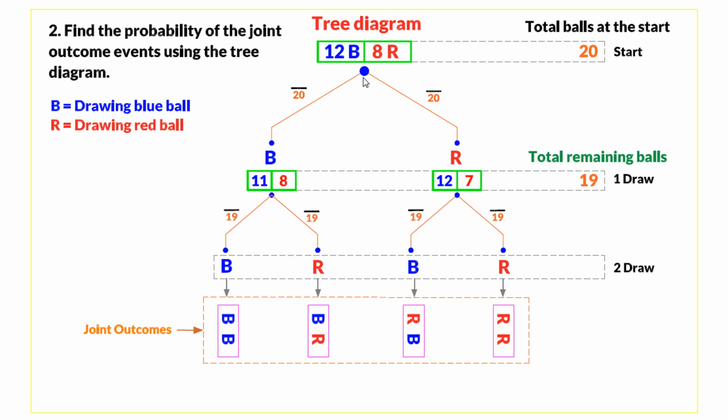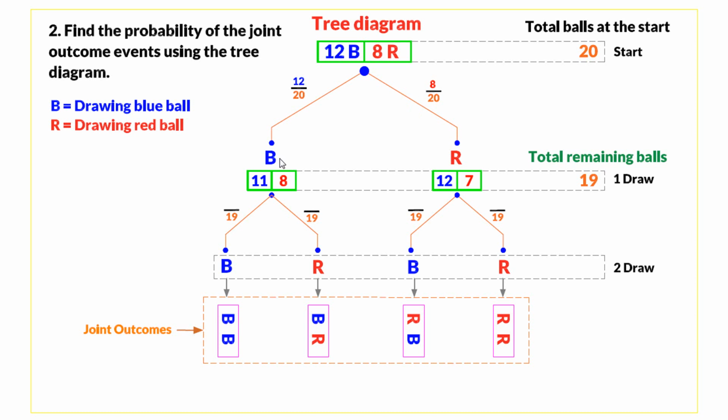So now it's very easy to compute the probability for each branch. So what is the probability of picking the first blue? We have 12 blue out of 20. And what is the probability of picking the first red ball? We have 8 red, so it is 8 over 20.